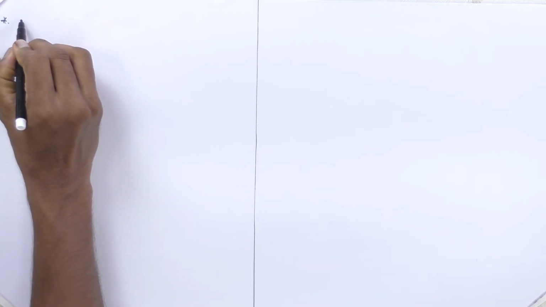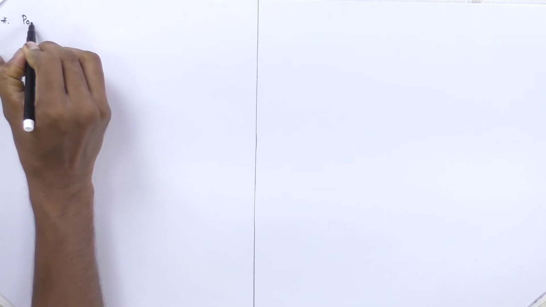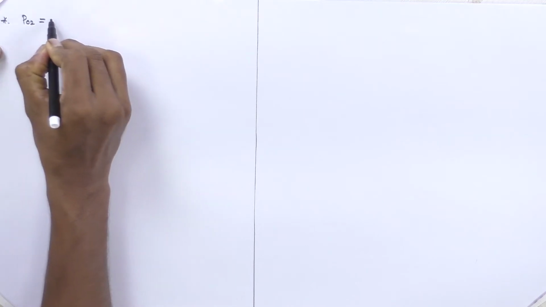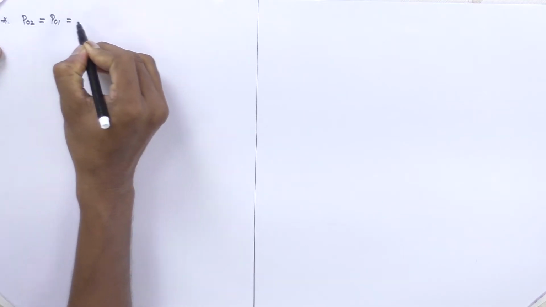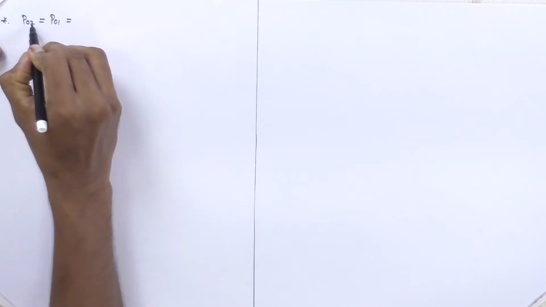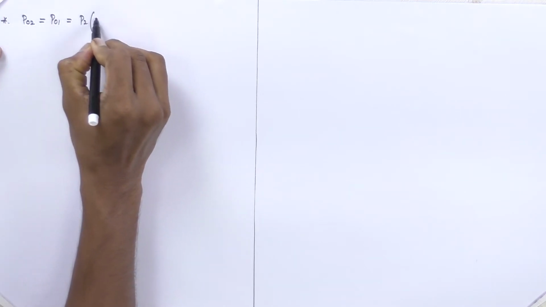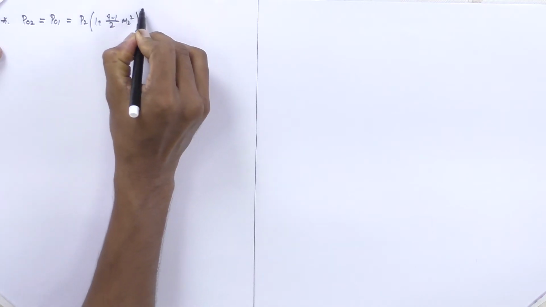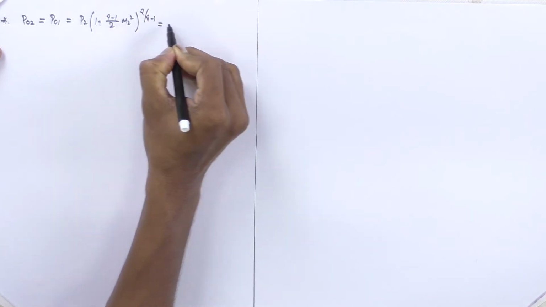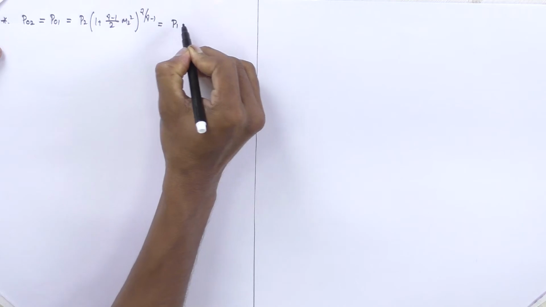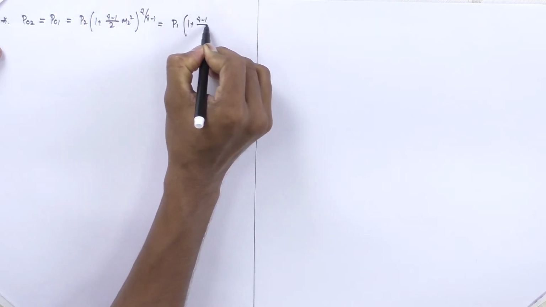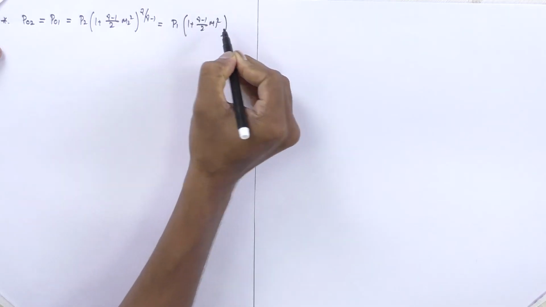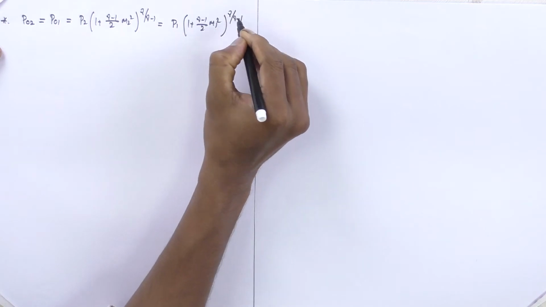Also, we know that in an isentropic process, stagnation pressure will be constant. So P02 will be equal to P01. Again, from the stagnation isentropic relation, these two can be written as P2 into (1 plus (gamma minus 1) by 2 M2 square) whole power gamma by gamma minus 1, which is also equal to P1 into (1 plus (gamma minus 1) by 2 M1 square) whole power gamma by gamma minus 1.